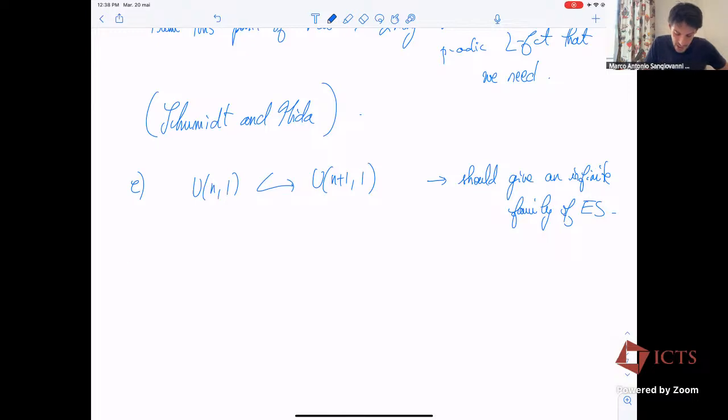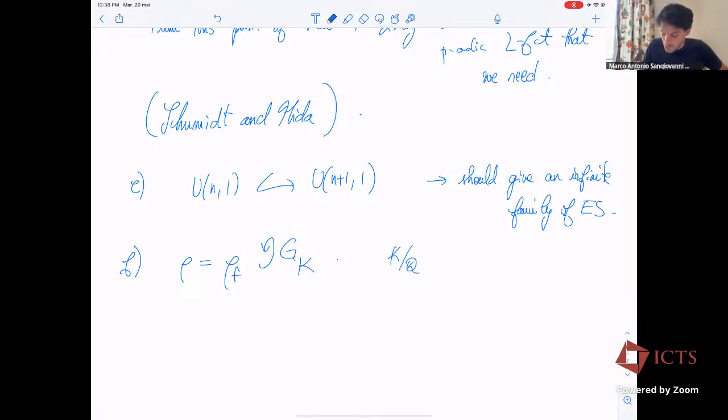And in the last lecture, I will also review the example where the Galois representation we're interested in is rho f, but instead of an action of G_Q, I consider it with an action of G_K, where K over Q is imaginary quadratic.